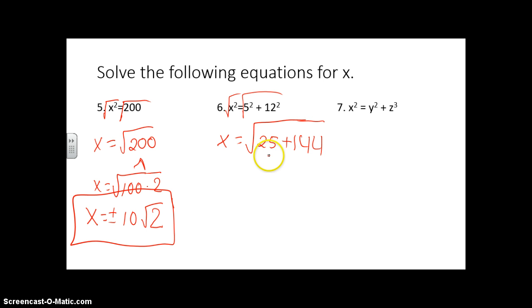Now I'm going to add 25 plus 144, and when I add them, I get 169. So I have x equals the square root, don't forget the plus or minus, of 169. The square root of 169 is going to give me x equals plus or minus 13. And that is my answer for 6.